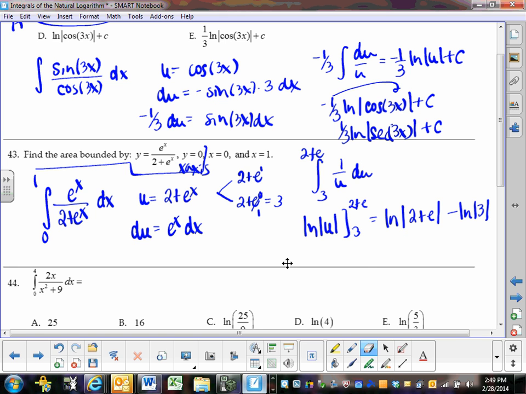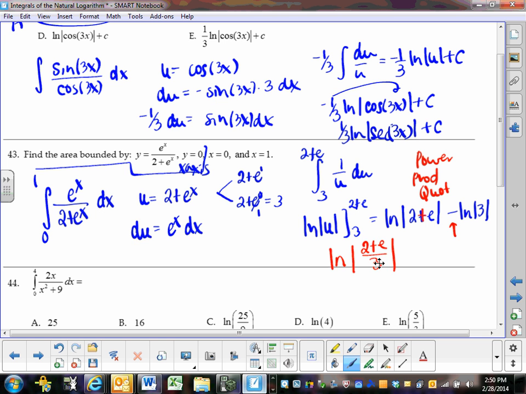So on our last page, remember we rewrite cotangent and tangent. Those are the only two we have to consistently rewrite as sine over cosine. So our u has to be the bottom because du is never on the bottom. So du is negative sine of 3x times 3 dx.